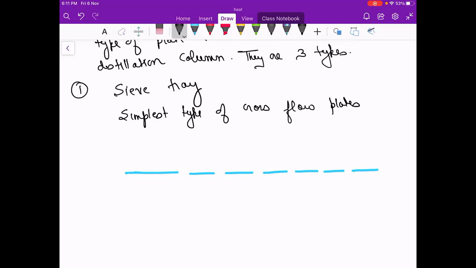I will draw with black color. It will be like this. Then what will happen here? Your vapors are coming from down.